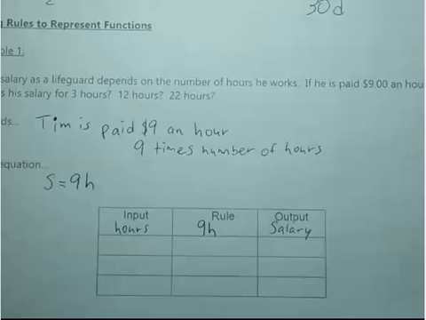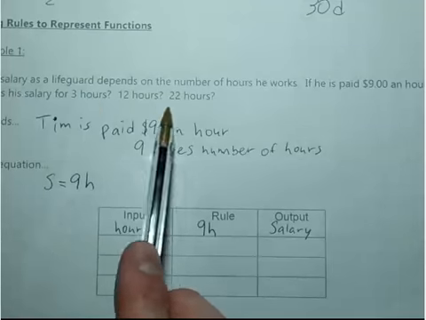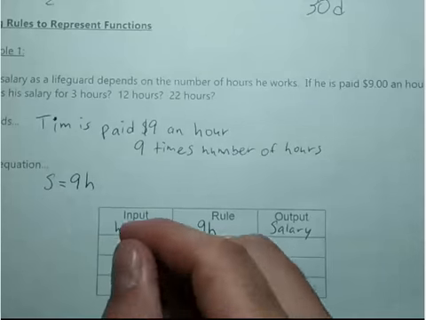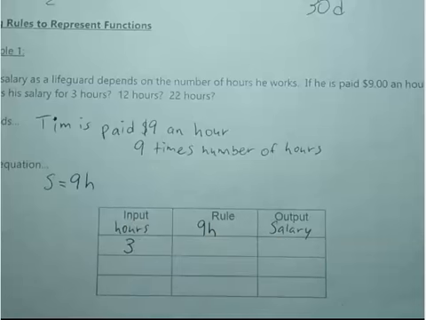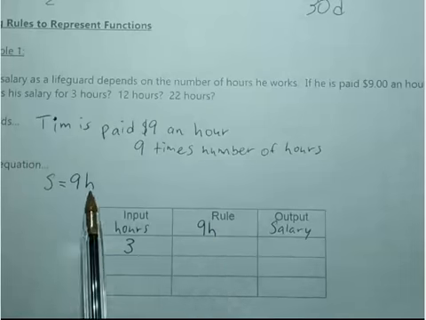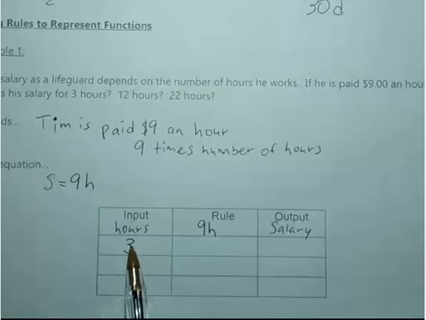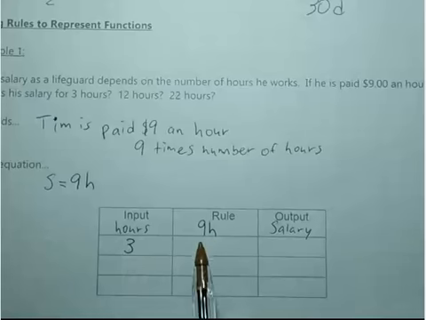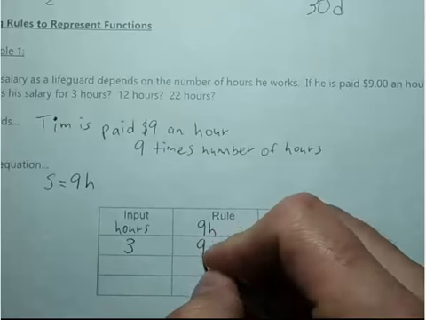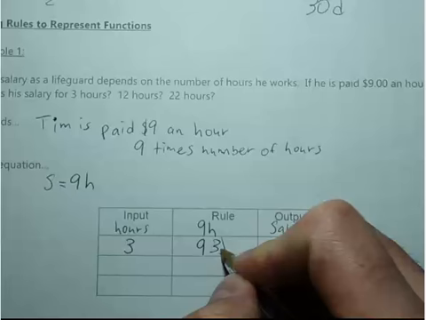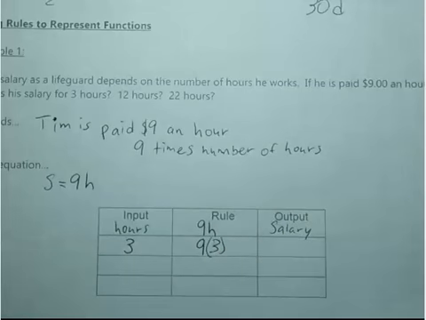So the problem wants to know his salary for 3 hours, 12 hours, and 22 hours. So let's input 3 hours, and we're going to plug that into this rule. We know H from this problem up here. H stands for the amount of hours. So if we input 3 hours, we're going to plug that right in for H. So if you plug 3 into the rule, we're just going to do 9 times 3.